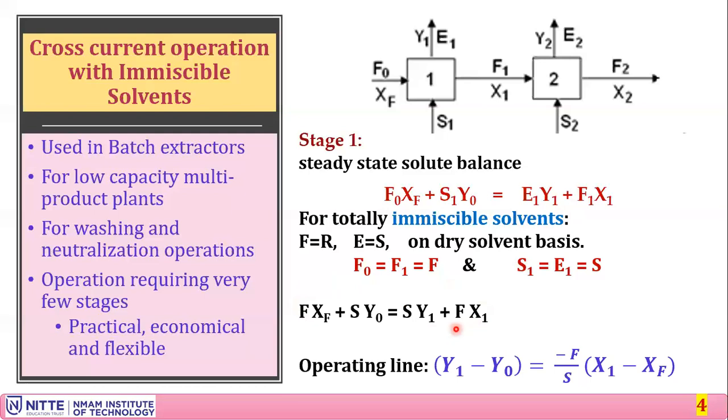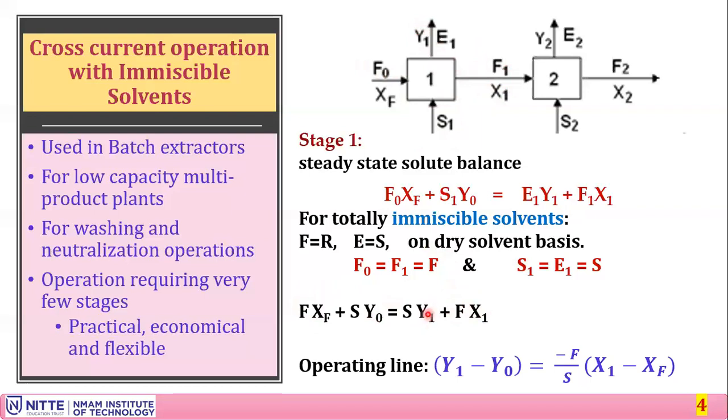We will rearrange the equation. How do we rearrange the equation? The important information that you need to remember is that X1 and Y1 are in equilibrium with each other. So let us combine the Y's, and let us combine the X's.